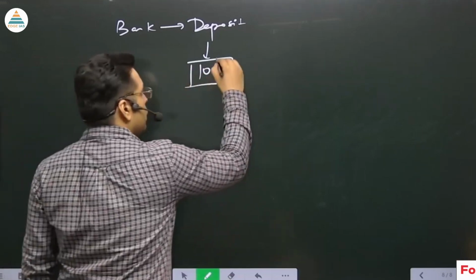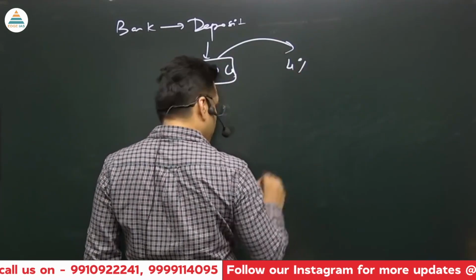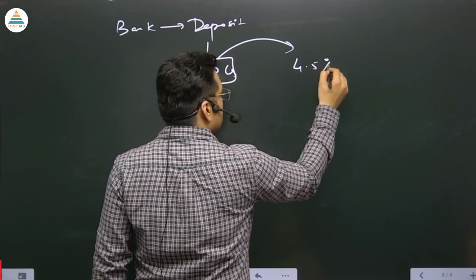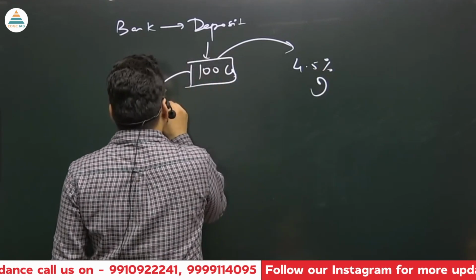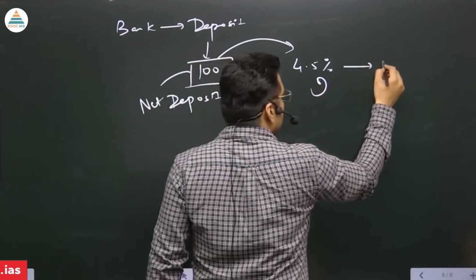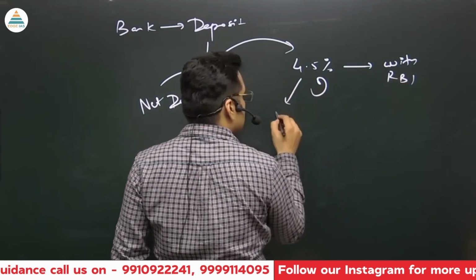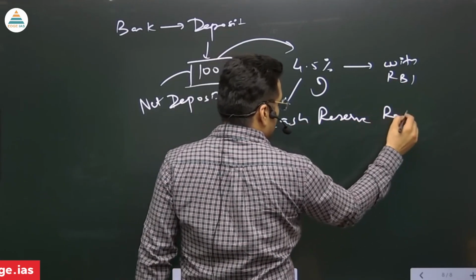Out of this, 4.5% right now, of the net deposit, has to be kept with RBI. This term is used as cash reserve ratio, CRR.